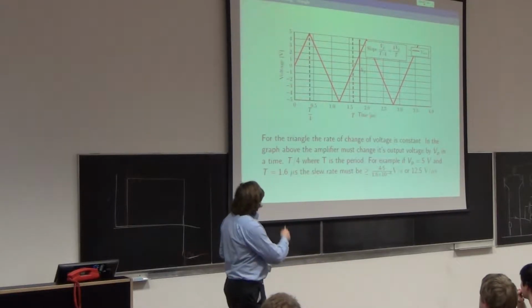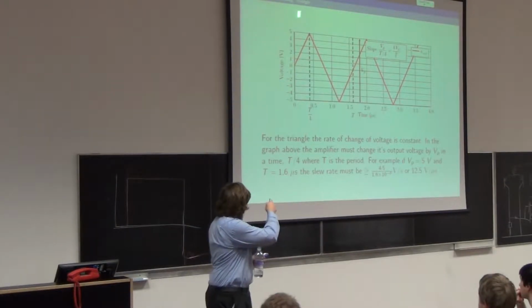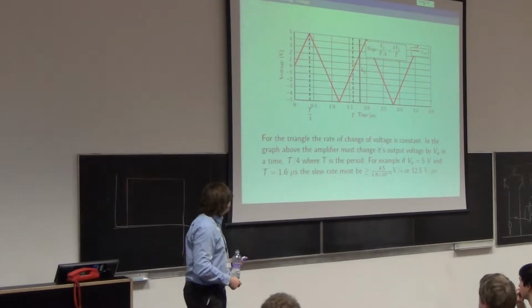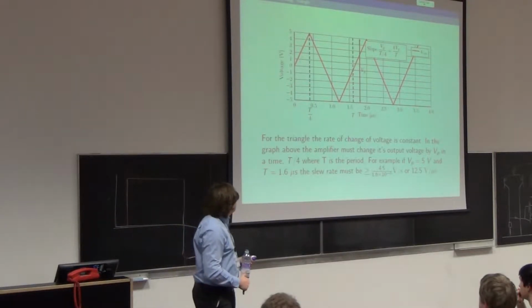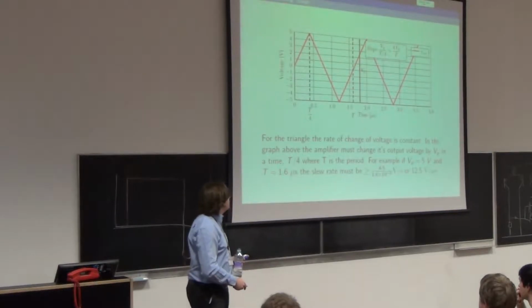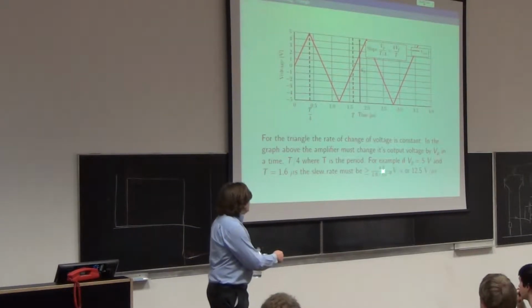So if we had the numbers that I put on the screen, Vp is 5 volts, which is middle to top or middle to bottom. And the period of this waveform is 1.6 microseconds, then you've got to have a slew rate in excess of 4 times 5, not 4.5.